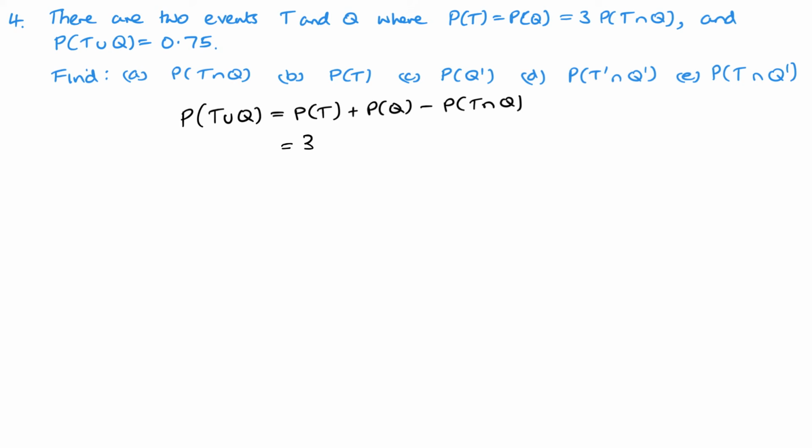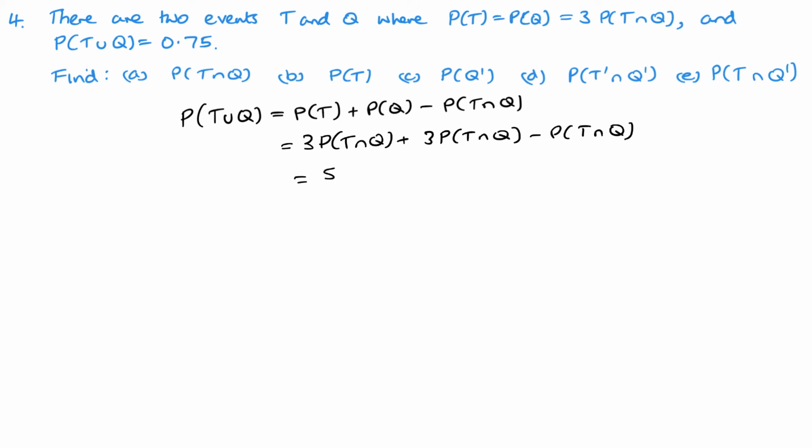So this is 3 times the probability of T intersection Q plus 3 times the probability of T intersection Q, minus obviously my probability of T intersection Q.